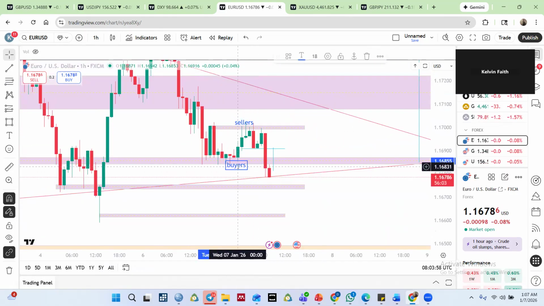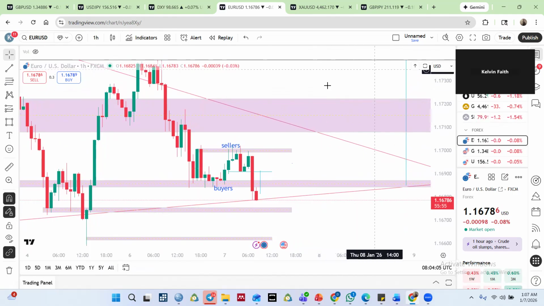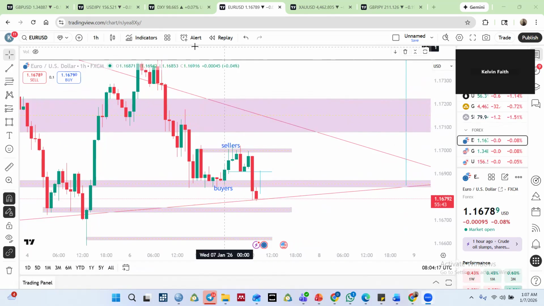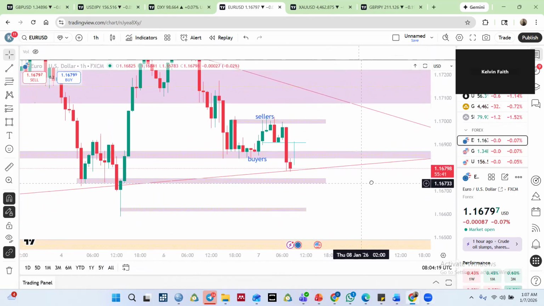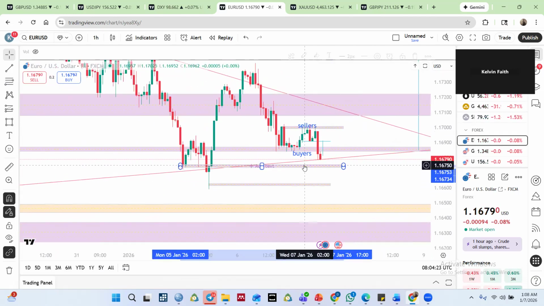Sellers are in charge, the buyers have been crushed, and that's the reaction right now. So what do we do? Let's join the sellers to push the price down.